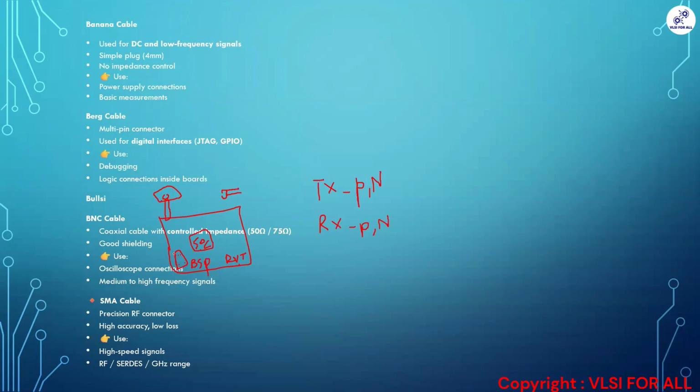For example, we'll be keeping the cable here inside, and using this bullseye screw-type pin, we will screw that cable inside this bullseye port so that it will be stuck here. Another end we will connect to the oscilloscope.